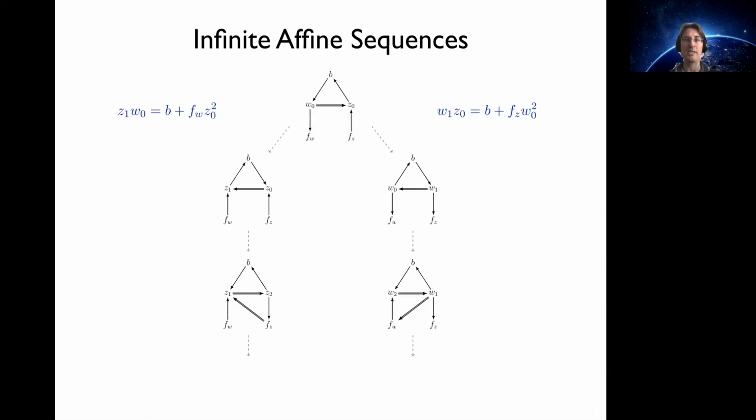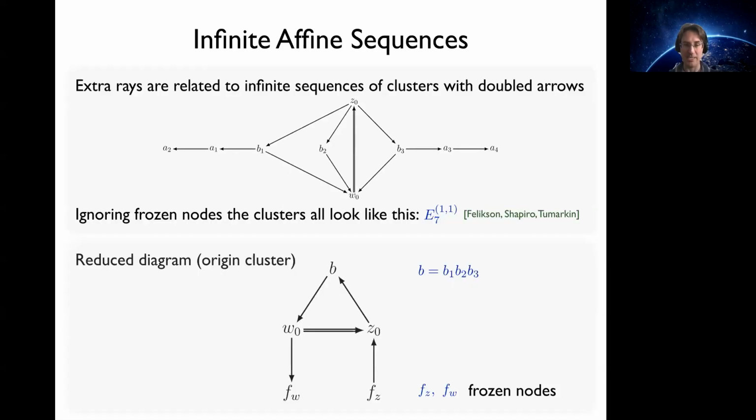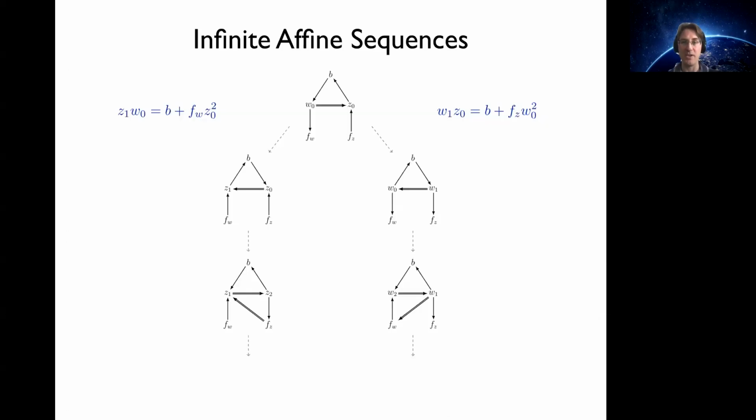So that looks like this. At the top, I've written what we call the origin cluster. It has this particular shape at the bottom here, that's reproduced at the top of this diagram. And now I can start mutating on the nodes connected to the doubled arrows. So if I mutate on W0, I'll go down to the left to the next picture.